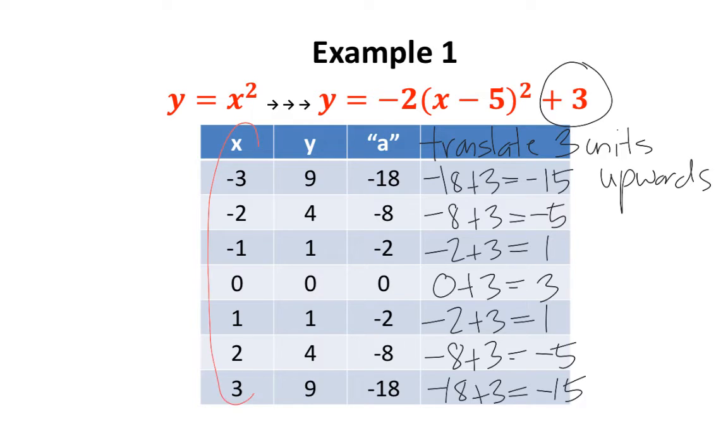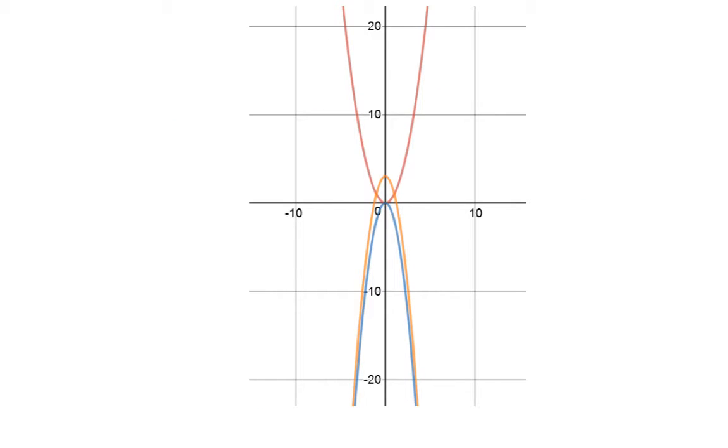These are the x values and the y values that I'm referring to, by the way. Here you can see our base parabola in red, that is y equals x to the power of 2. Our blue parabola represented a reflection in the x-axis as well as a vertical stretch by a factor of 2. And the orange parabola, which is new, represents a translation of 3 units upwards.